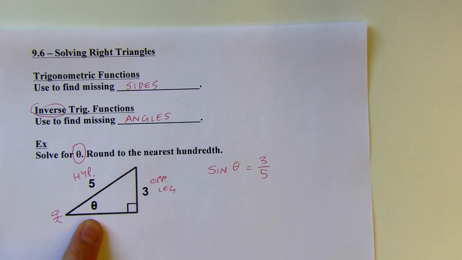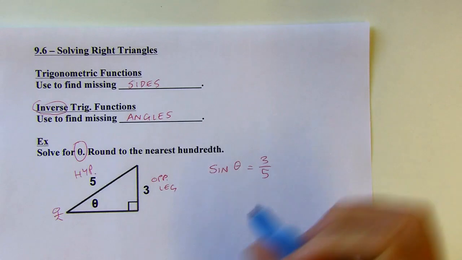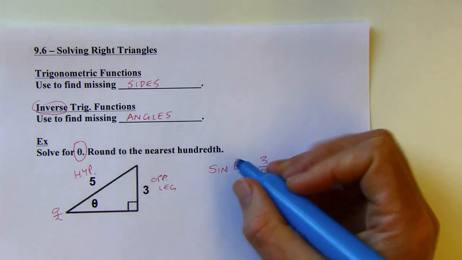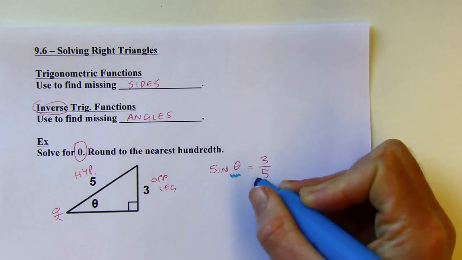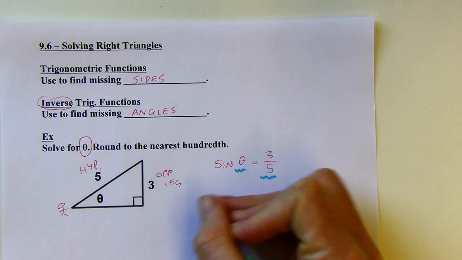Now here's where an inverse trig function comes in. What an inverse trig function is going to do is allow us to solve for a variable that's inside of a trig function. So I'm going to use the inverse of sine, and that's going to switch the position of those two things. Here's how I'm going to write this.